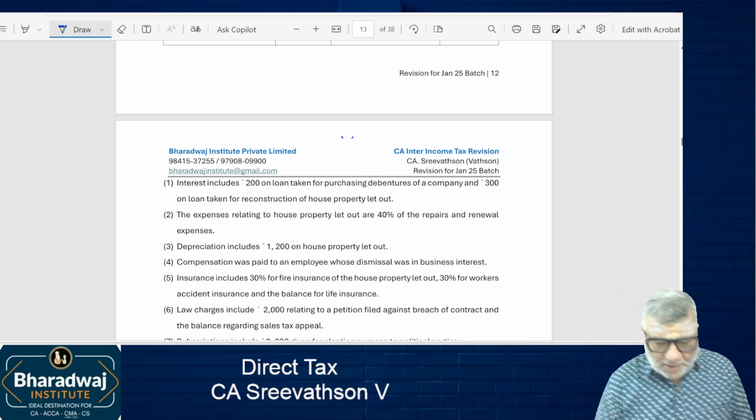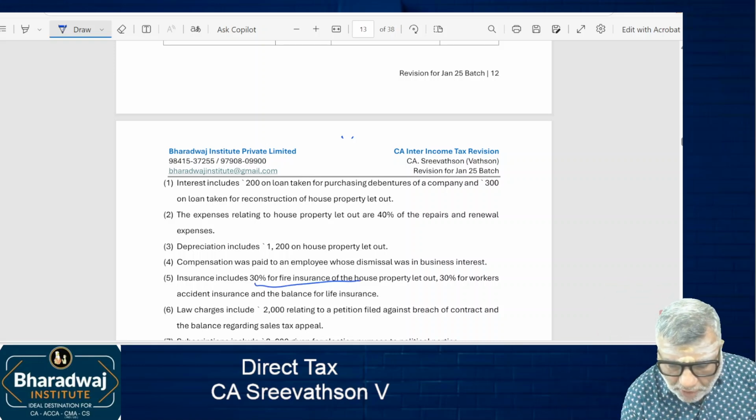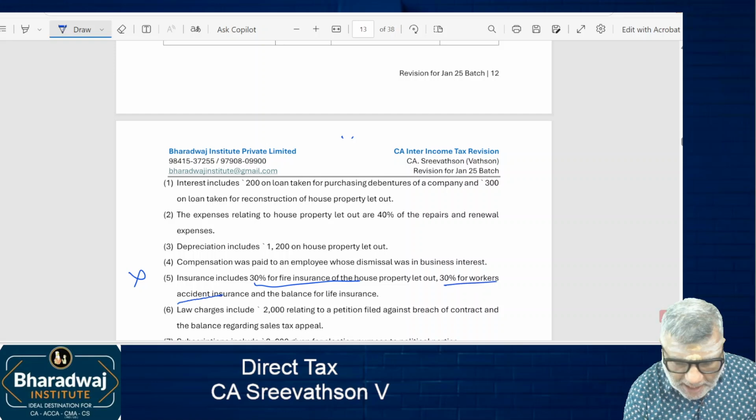So, 30% insurance for fire insurance on house property disallowed. 30% workers' accident allowed. Life insurance disallowed.